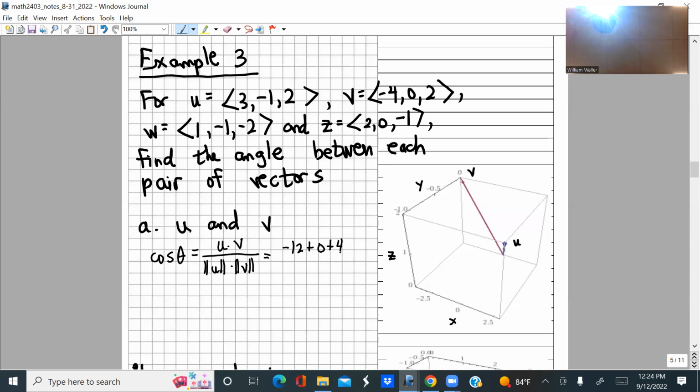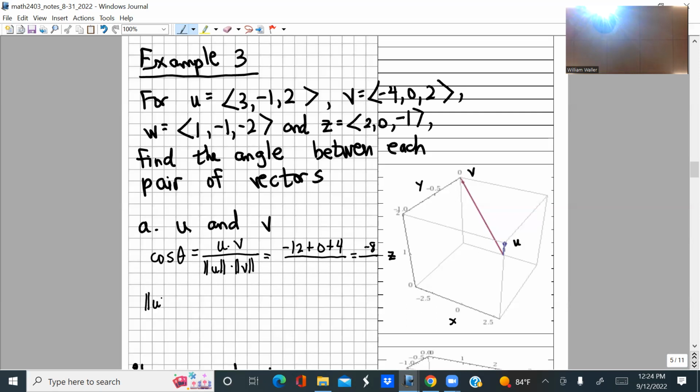Did I do that right? So that's -8, which is not 0. So great, we're not going to have perpendicular vectors here. That would be a little bit boring. So now we do have to do the dirty work of computing their magnitudes.